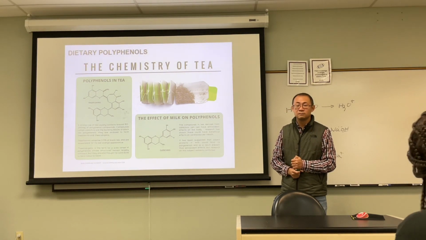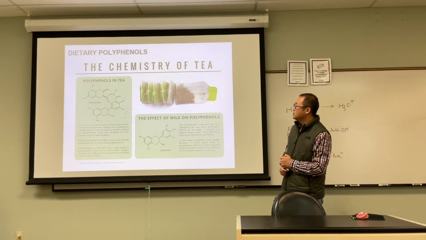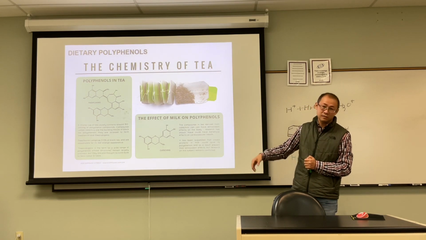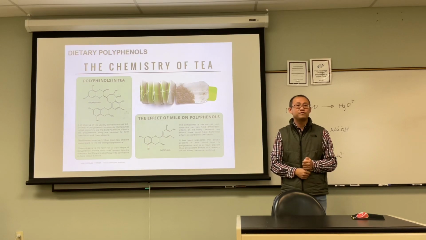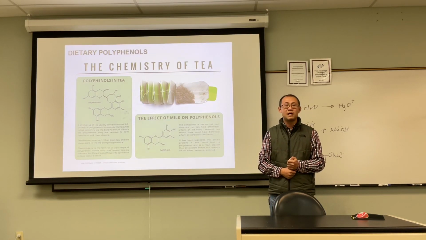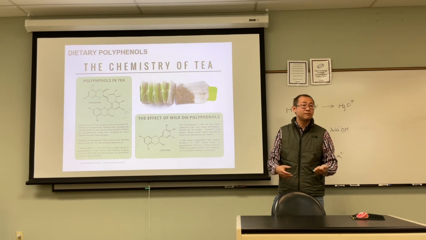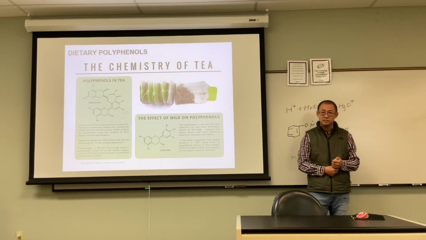These are the structure, or the chemistry, of tea. This is the effect of milk on phenols. When you add milk to phenols, what happens? Sometimes the product can be taken out if you add milk. You can read if you're interested. Tea is a very good source of natural phenols, again as antioxidants.